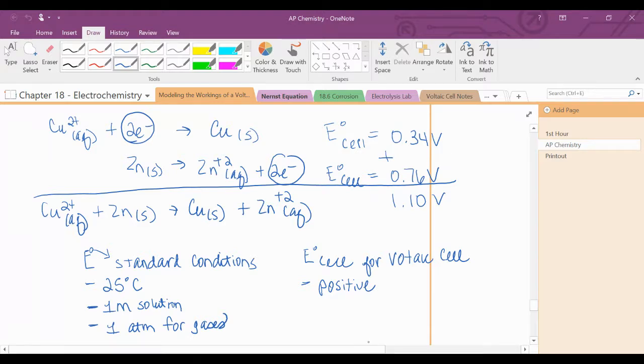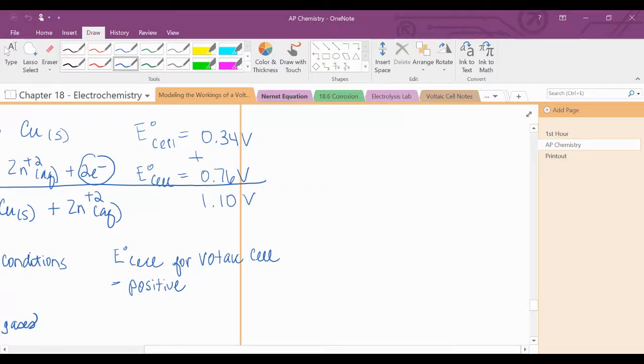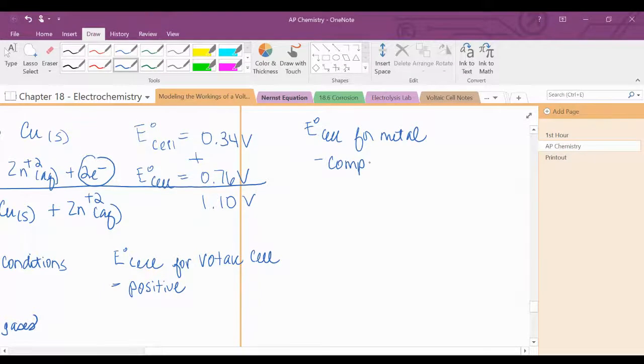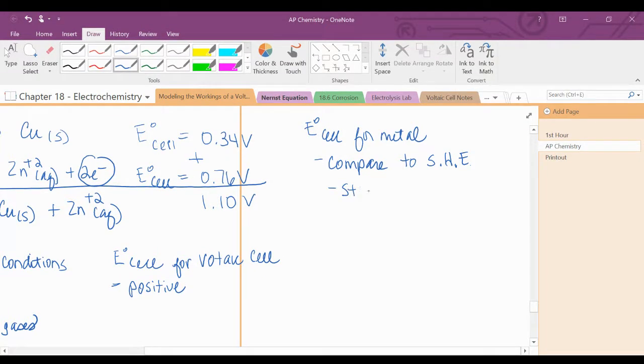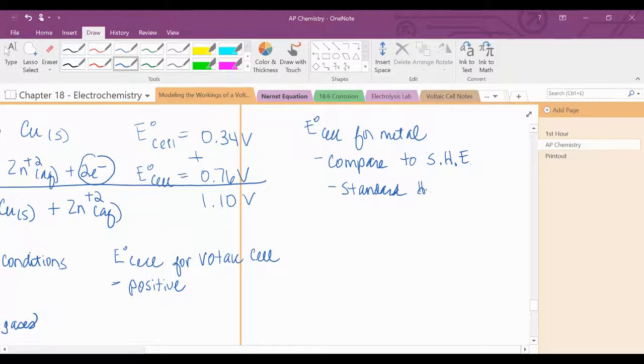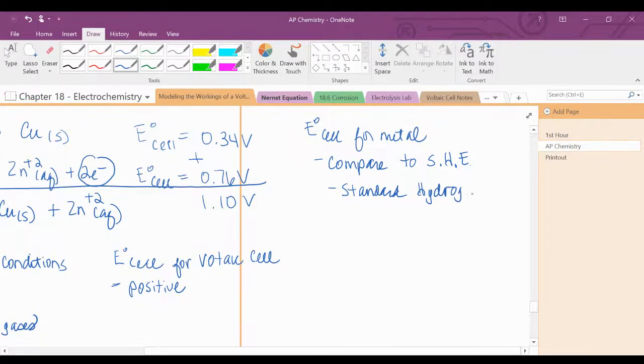All right, the other thing we're going to talk about here is how these values of 0.34 volts and 0.76 volts are determined. The way we come up with cell potentials is that we compared it to the SHE electrode, and the SHE stands for standard hydrogen electrode.